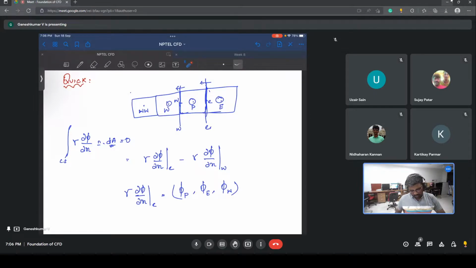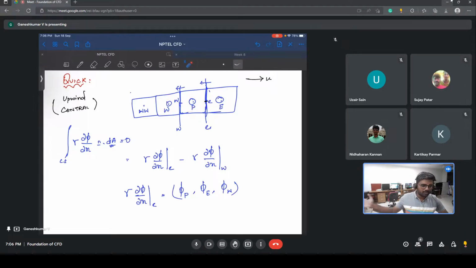As you said, the QUICK scheme is a hybrid of upwind and central. We know what is upwind. Let's say the flow velocity is like this. Upwind means to find this value we will take the P value and W value.